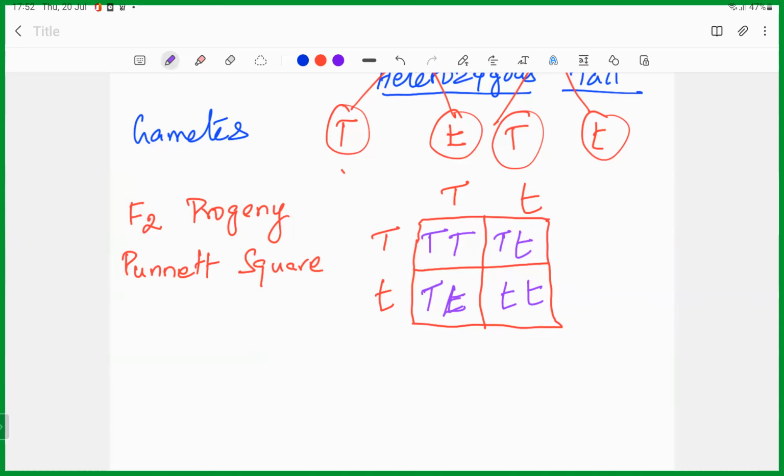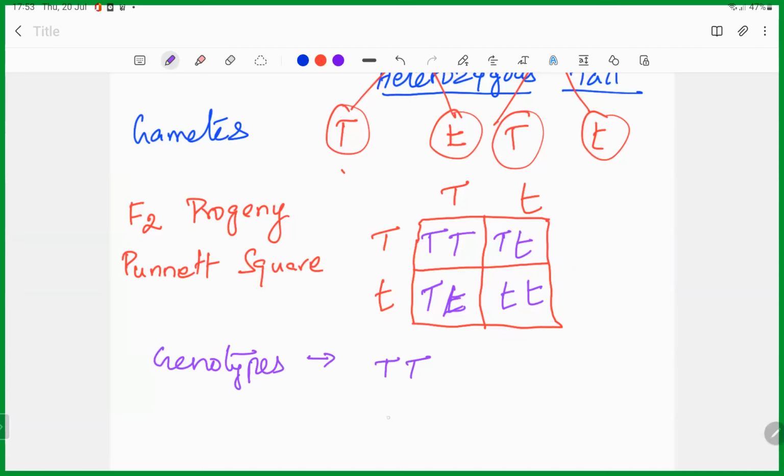Now you have to make a table for the genotype ratio. What are the genotypes present? Look at that. First one is TT.